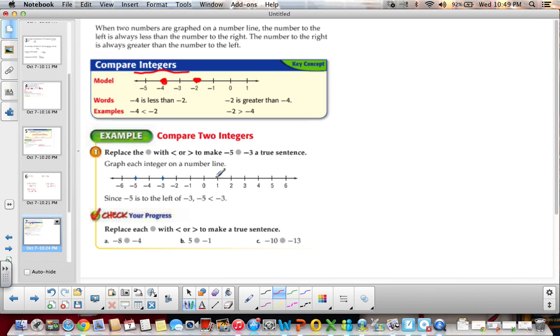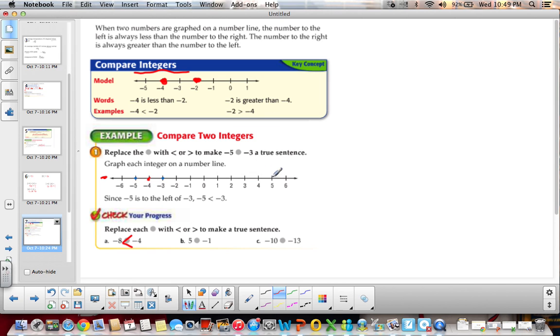But on the flip side, yeah, 10 is a lot bigger than 1. Okay, -8 and -4. So -8 would be about right here, and -4, and it says the number to the left is always less than, so -8 is less than -4.